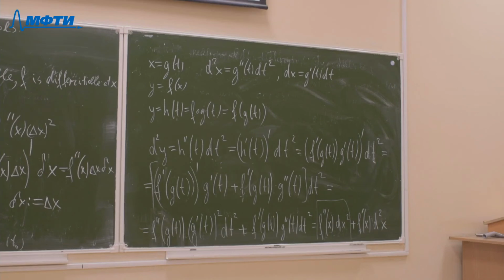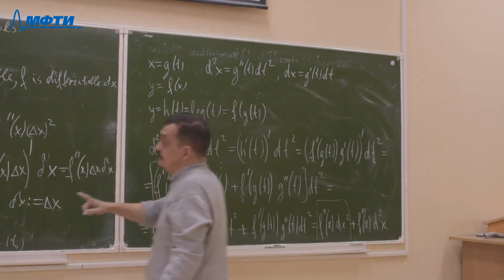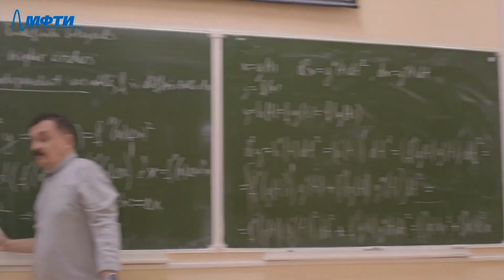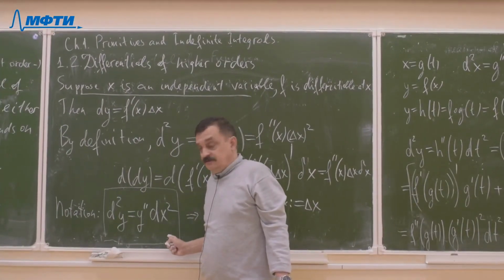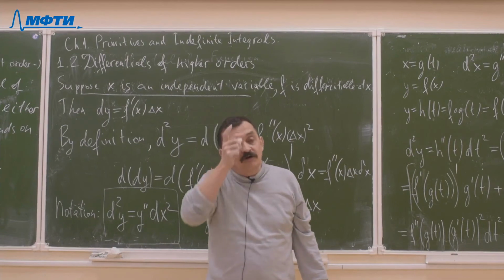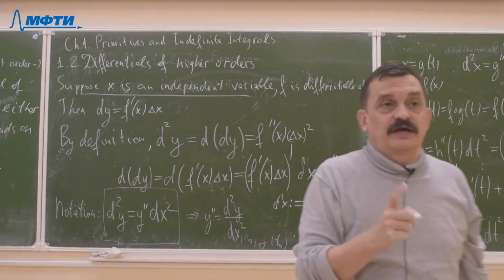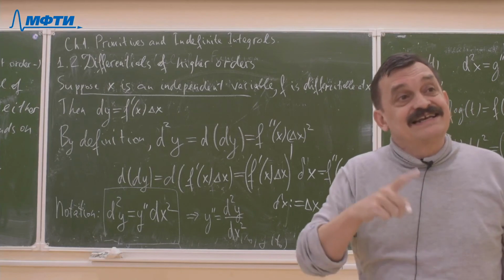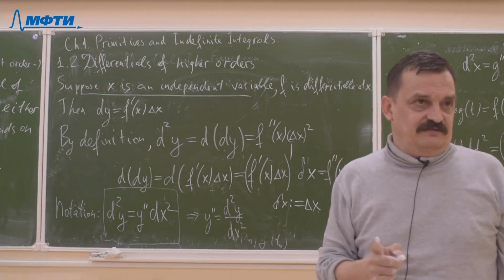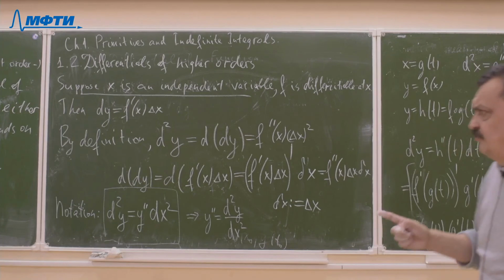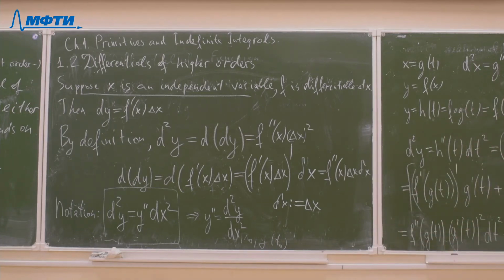So it means that the form of the second differential is invariant, but only in the case when x is a linear function of an independent variable, right? I will not formulate it as a proposition because we'll use it next year for several variables. But for a while, it's just the first time when it appears, right?